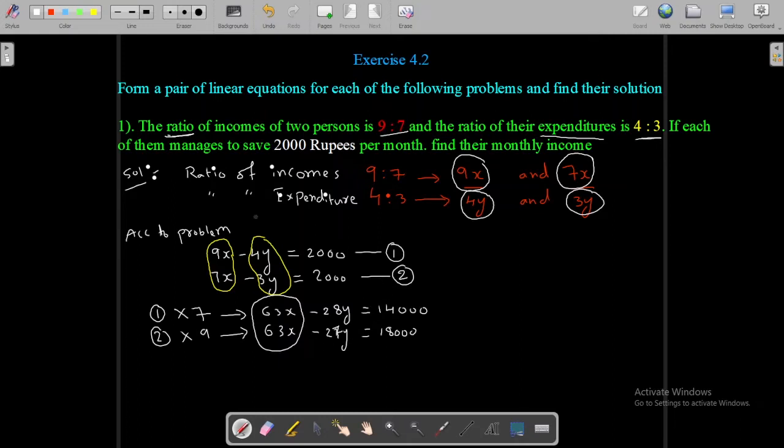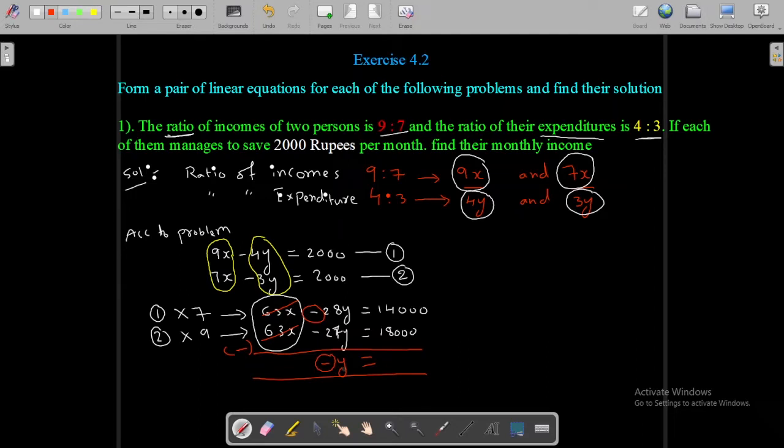So now we will simplify these equations. When I subtract the equations, the 63x and 63x cancel out, and we will have here minus y. Why? Because 28 minus 27 is 1. So we are having the greater number sign.